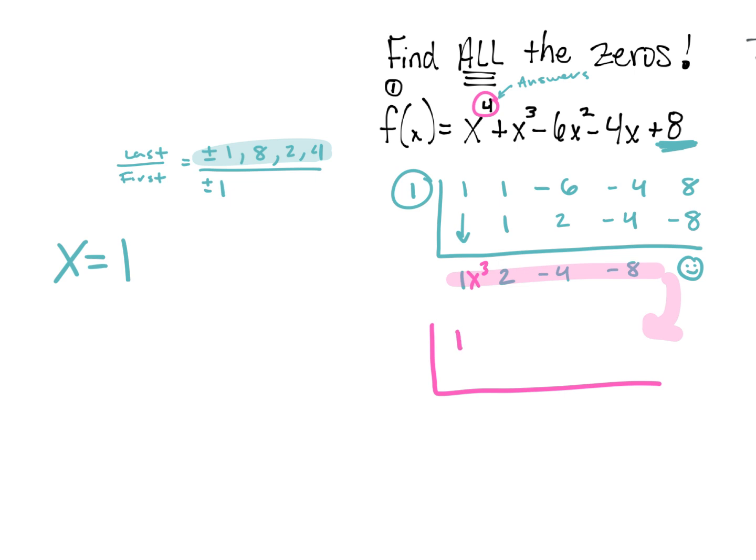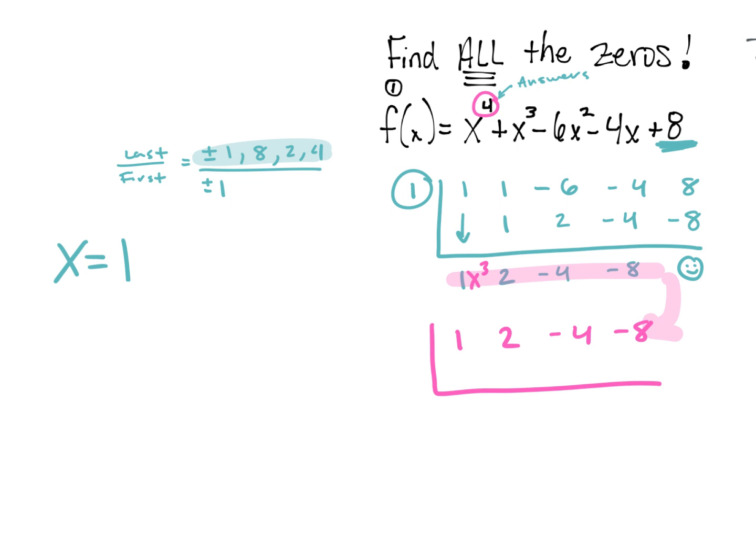So we have 1, 2, -4, and -8. When you get to x squared, that's when you factor. But here, since we had 4 answers, we have to do this twice. We had 3, so we only needed to do it once, and then we factored to find the other 2.